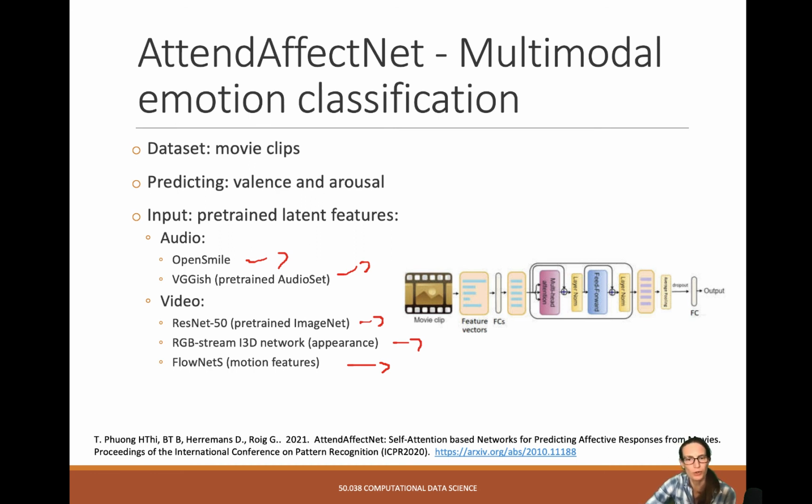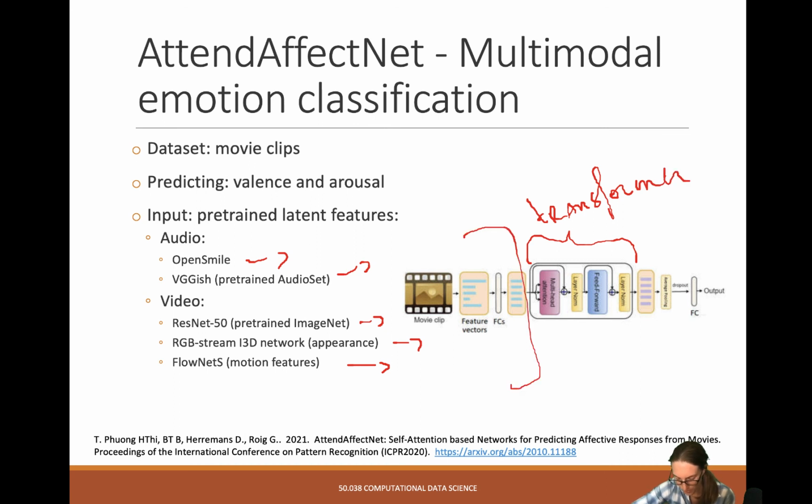Using all these different features, she then fed them into a self-attention transformer network, which I think you'll see in one of the next classes. Basically, she told the transformer network to try to learn which feature to pay most attention to.